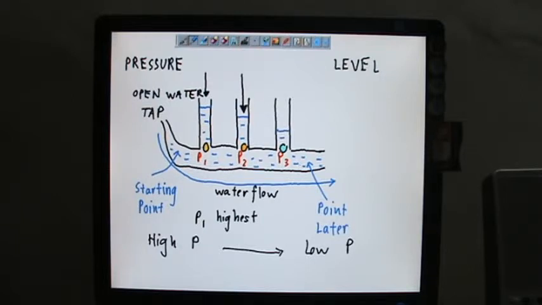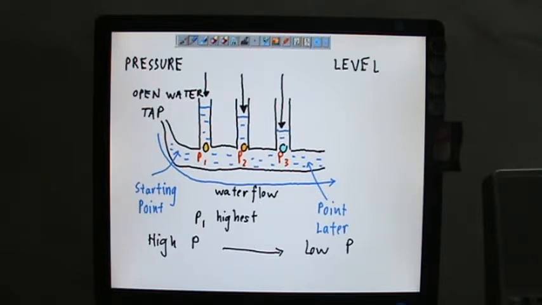So with the lowest pressure, the external atmospheric pressure seems to be pressing it down more. Okay, so this is because water flows from left to right, and water flows because the pressure on the left hand side is higher than the water pressure at the right hand side.